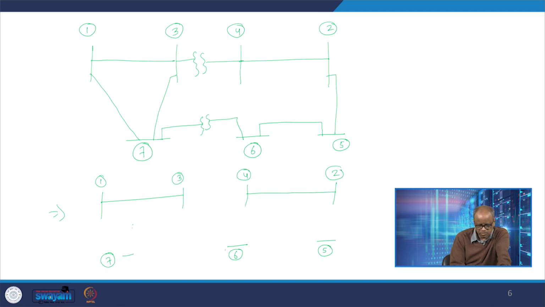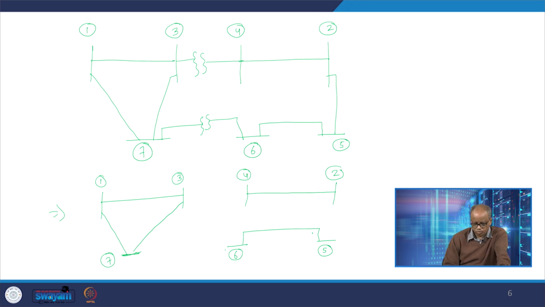So basically this is gone. This is there because it is a line. This is also there because it is a line, but this is not there because there is no line, and this is there. So I have simply removed this transformer as well as this transformer.